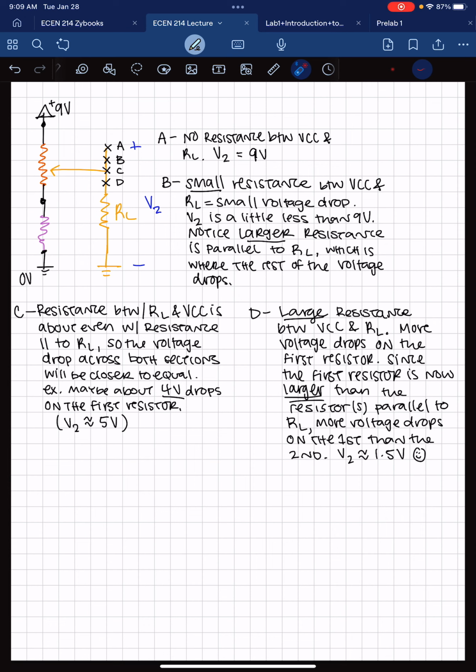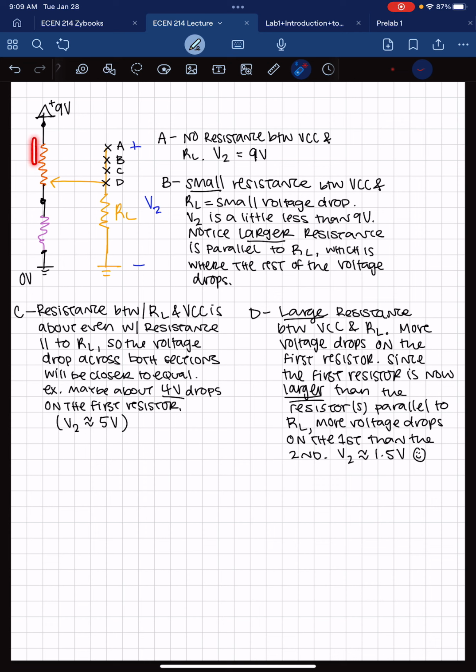And then position D, let's see. Yeah, position D, there's a large resistance now. Comparatively, this is much larger than this resistor. Between the power and the load circuit, more voltage drops on the first resistor.